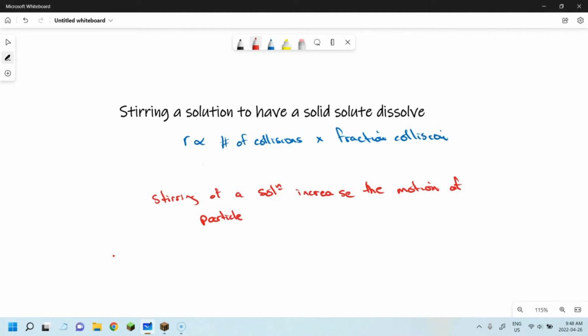Since the particles are moving more, they'll have a greater chance of colliding. So we can say this will increase the total number of collisions. Since they're colliding more, our total number of collisions has increased. As a result, the rate of the reaction will increase.